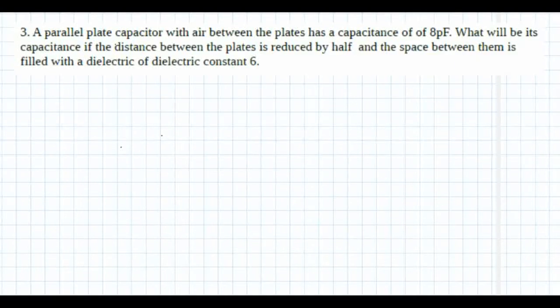Then the third question. A parallel plate capacitor with air between the plates has a capacitance of 8 picofarad. What will be its capacitance if the distance between the plates is reduced by half and the space between them is filled with a dielectric of dielectric constant 6?